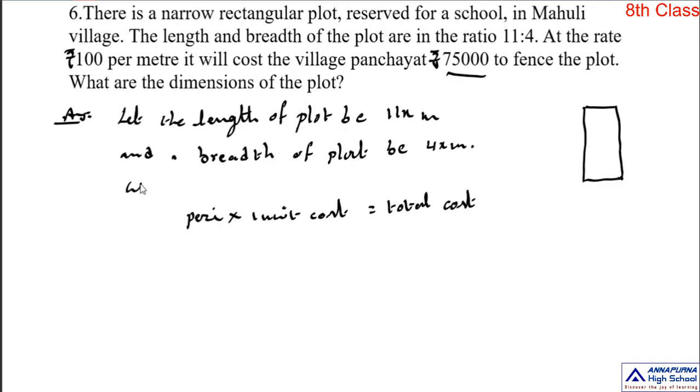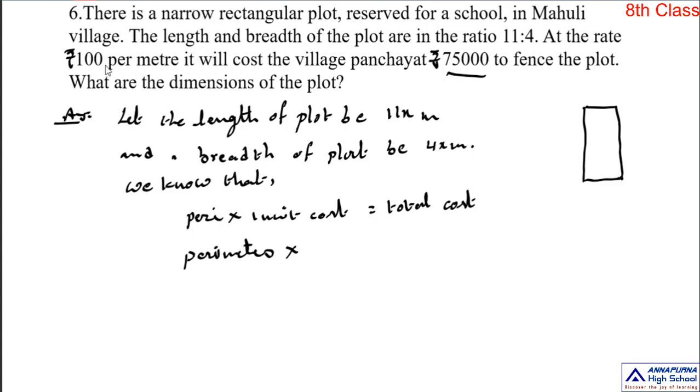So here we know that perimeter of this rectangular flat into 1 unit cost is equal to the total cost of fencing. In this basic formula, just substitute the values you know. We don't know the perimeter, so write it as it is: perimeter into 1 unit cost.